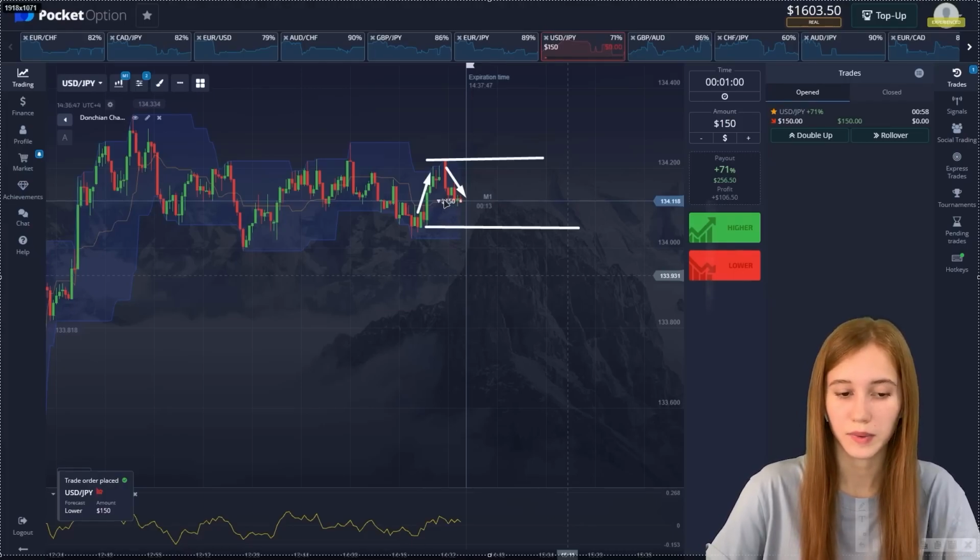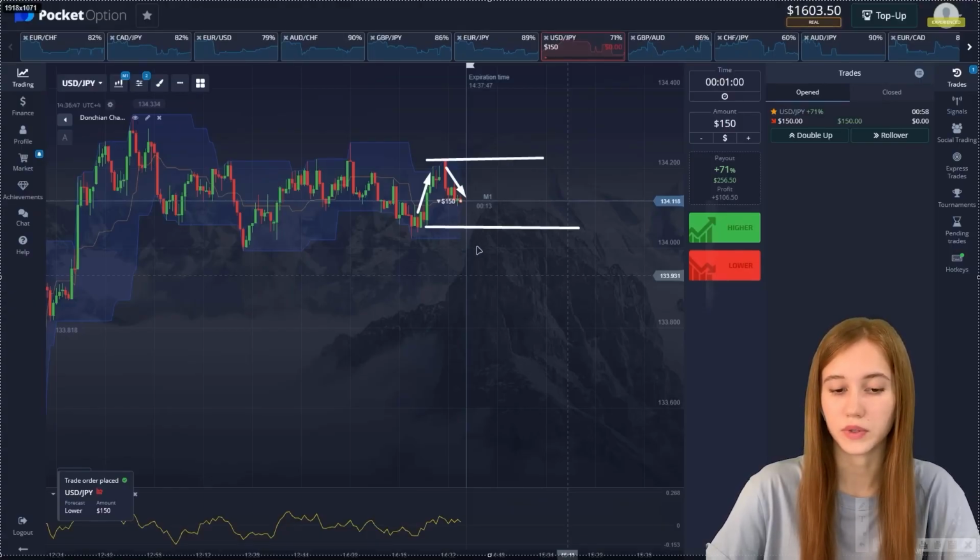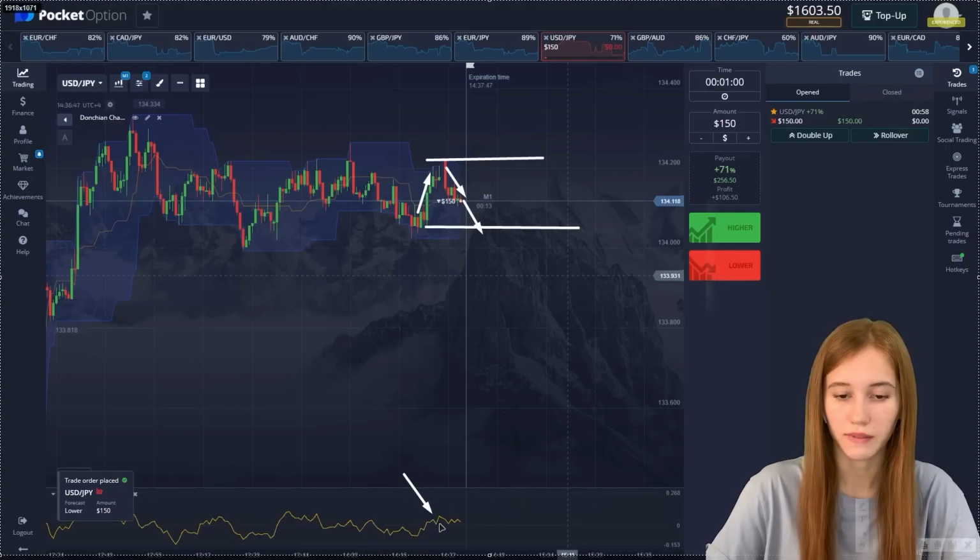Next, we see that we are staying near the orange line of our first indicator. That indicates that it will be overcome, and the market went down. According to the second indicator, we see that it's above the zero mark, but nevertheless, we do not have very strong uncertainty.